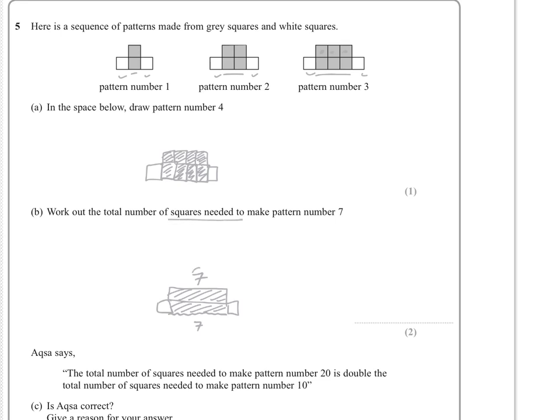So if we've got 7 and 7 grey ones, that's 14 grey. Well, then we've got 1, 2 white ones as well. So 2 white, 14 grey, that's 16 squares altogether. So that wasn't too bad.